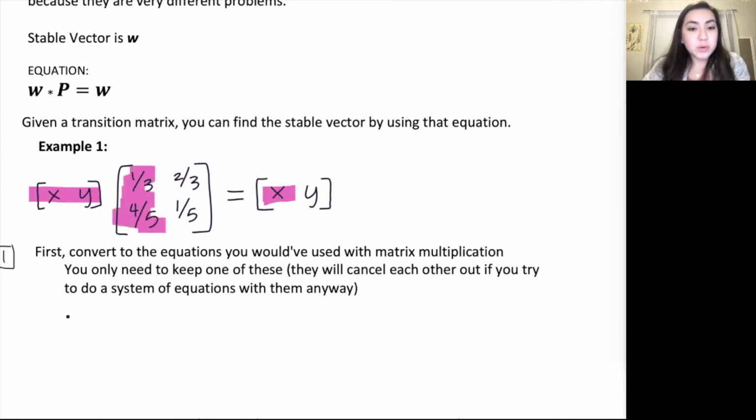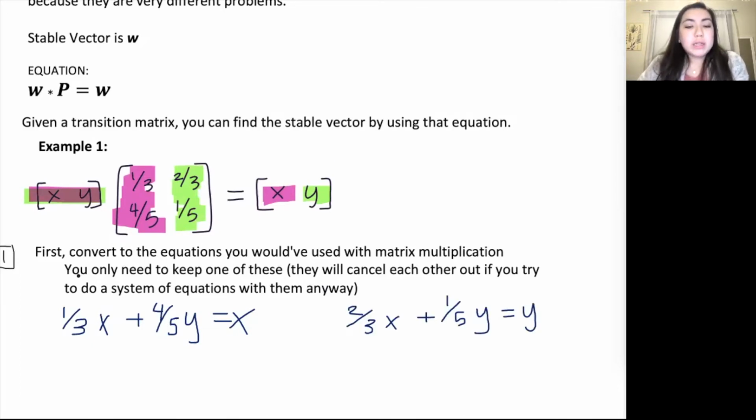That would give you the equation 1/3 x plus 4/5 y equals x. The other equation, if you were to find this value, you would take that row times this column, and it would be this equation.